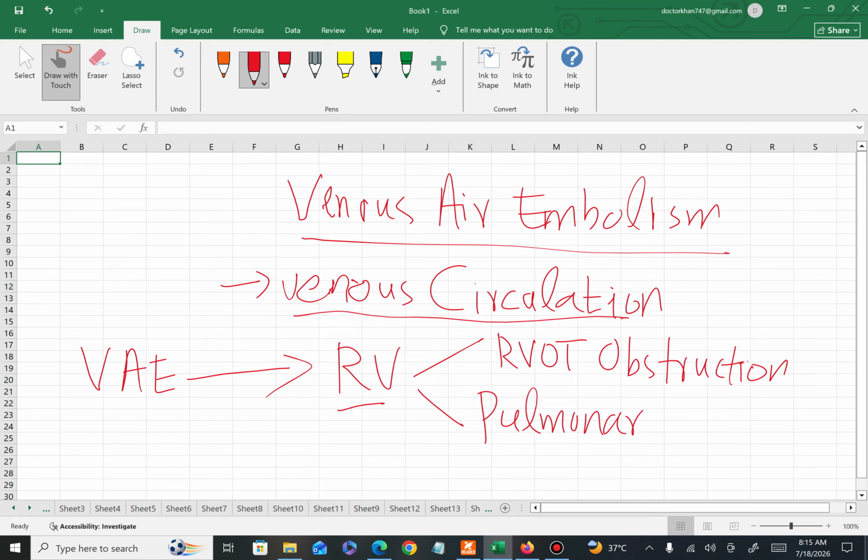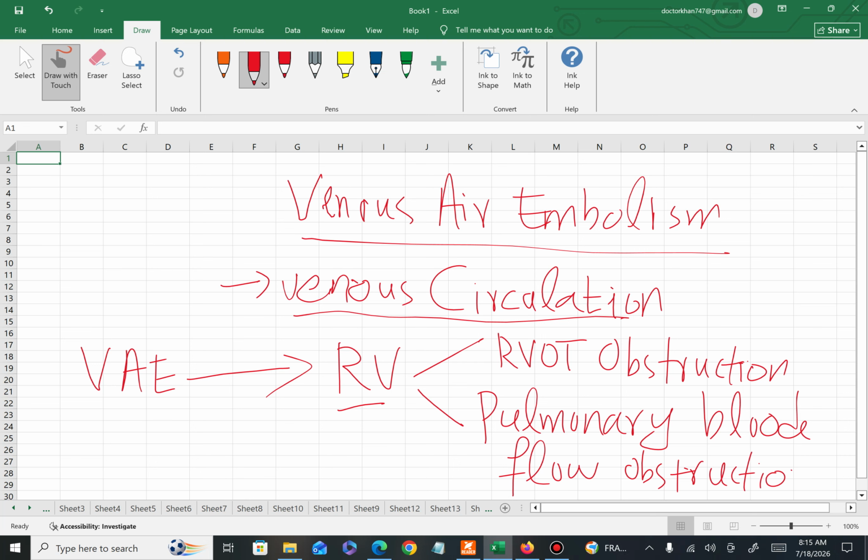So the pathophysiology of the venous air embolism involves two things: right ventricular outflow tract obstruction and pulmonary blood flow obstruction.